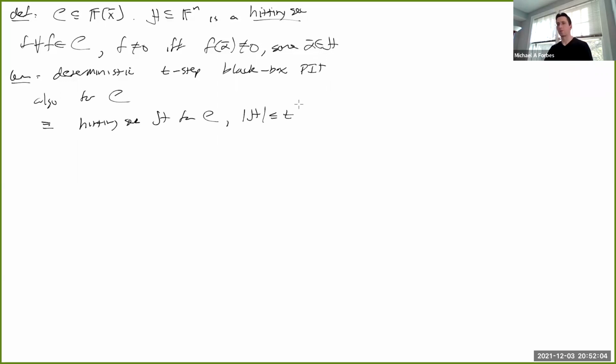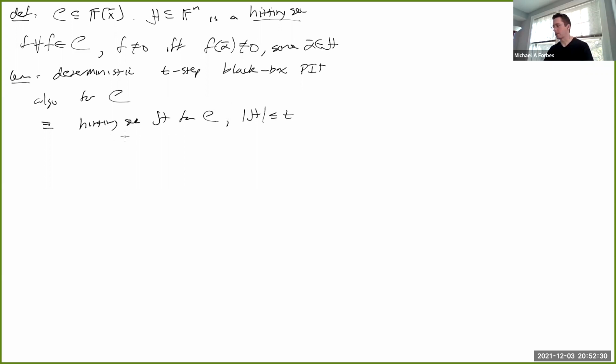Black box algorithms are ones that evaluate the polynomial on points and make some decision based on that. But possibly there's some adaptivity going on, where you make decisions about new points based on information you have from old points. But it turns out that that's actually not the case: hitting sets are exactly what deterministic black box algorithms are.